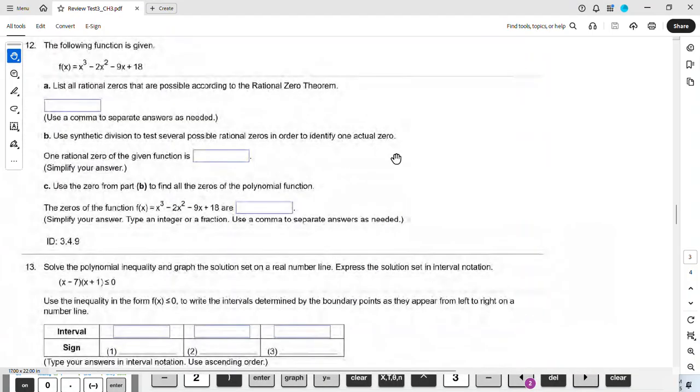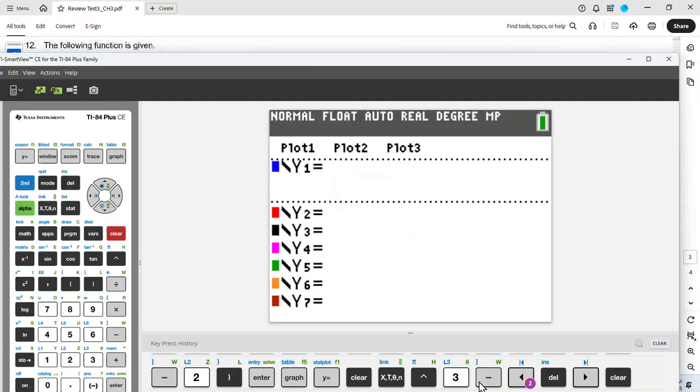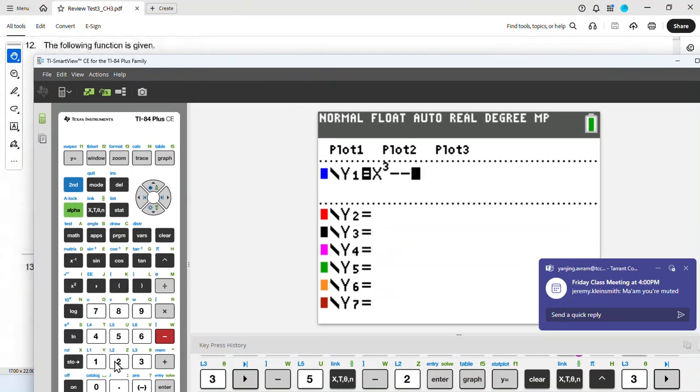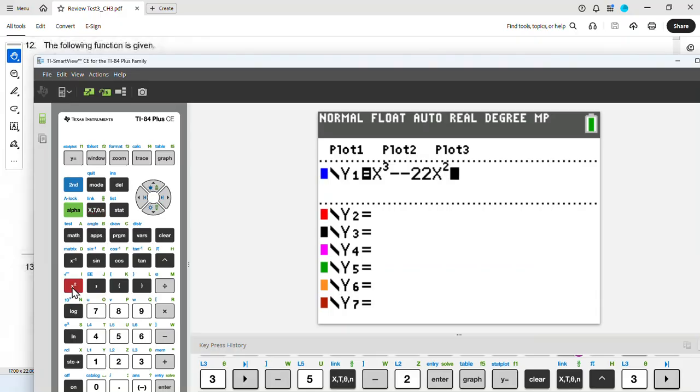Okay, we have x cubed minus 2x... oh, hold on.